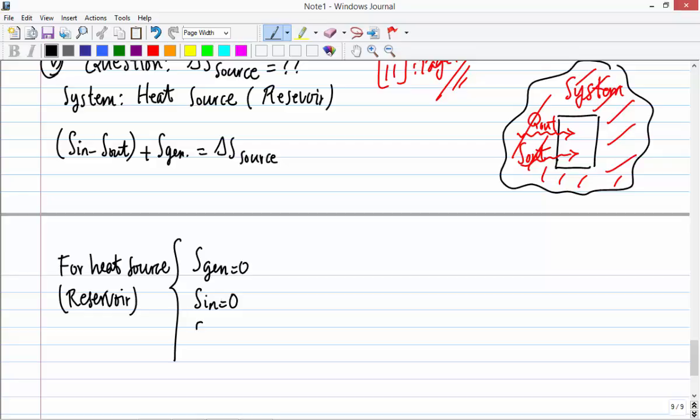So S out is just the S due to heat transfer, so this is 0, this is 0.